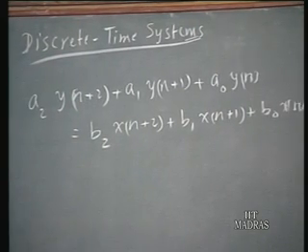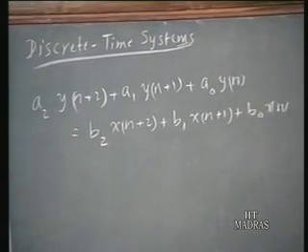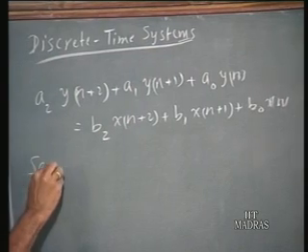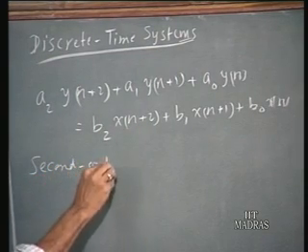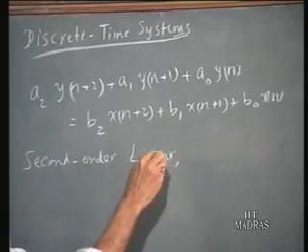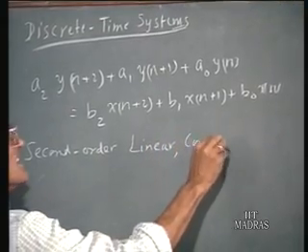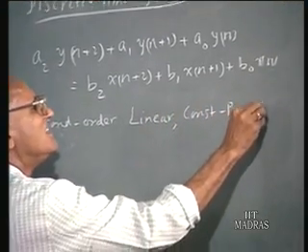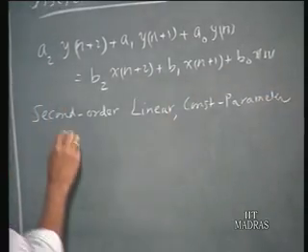Now this is a second order discrete time linear constant parameter discrete time system.